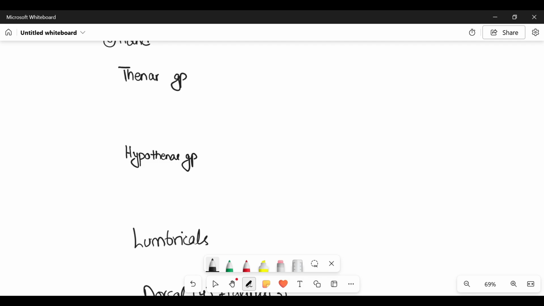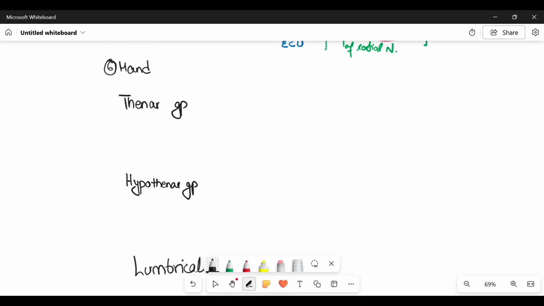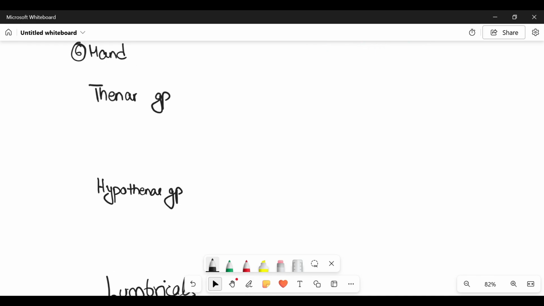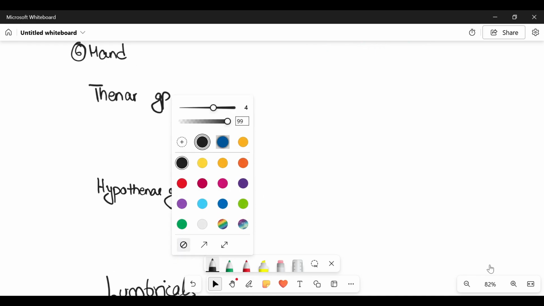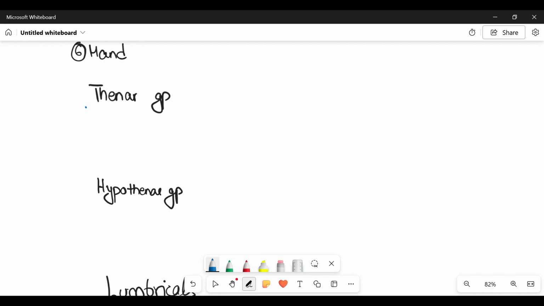Now we're going to talk about the hand muscles. Muscles are divided into the thenar group, lumbricals, and the interossei. Among the thenar group, we have four muscles: the abductor pollicis brevis, flexor pollicis brevis, opponens pollicis, and adductor pollicis.